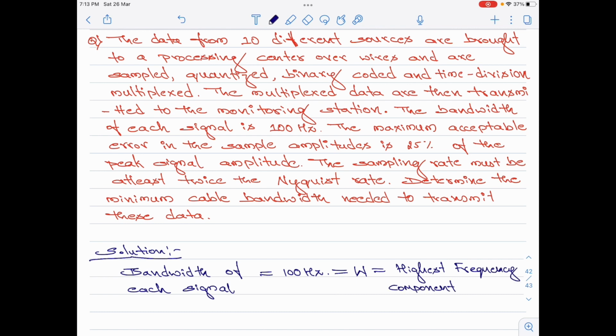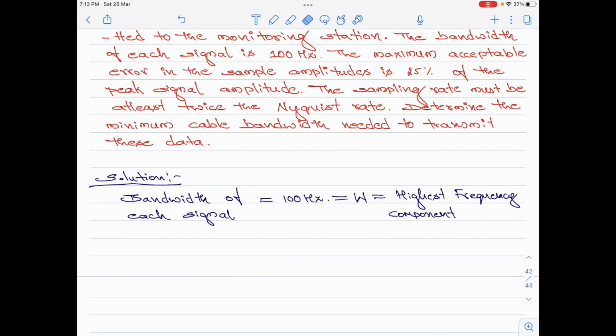We are told that the sampling rate must be at least twice the Nyquist rate. So, let us start by finding the Nyquist rate for each signal first. This is equal to 2 multiplied by W. Therefore, it is equal to 200 Hz.